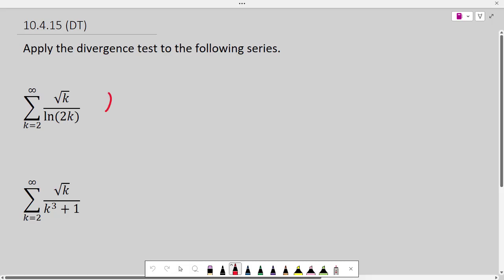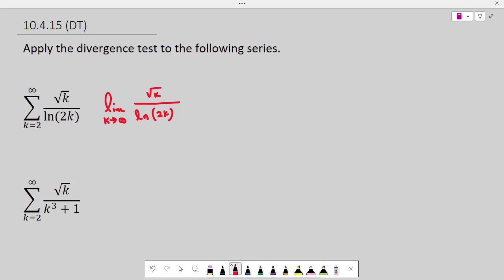Okay, so bottom line, take the limit as k goes to infinity. So we're taking the limit as k goes to infinity. Indeterminate form, infinity over infinity. So if we get indeterminate form, L'Hopital.